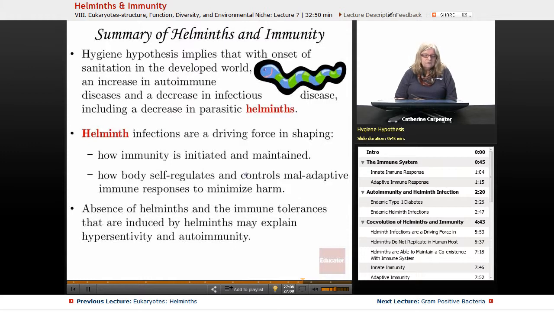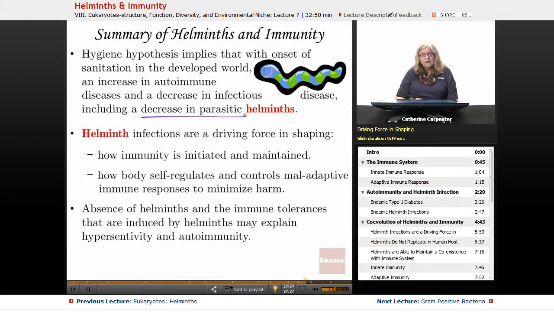So with sanitation, including eradication of these helminths, we have seen an increase in autoimmune diseases and a decrease in these infectious diseases, including a decrease in parasitic helminths.